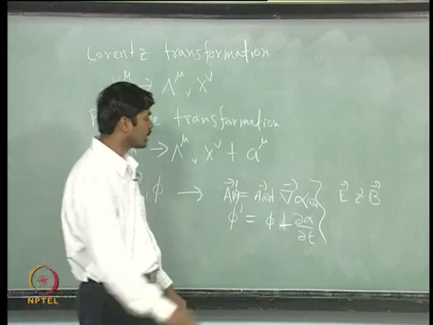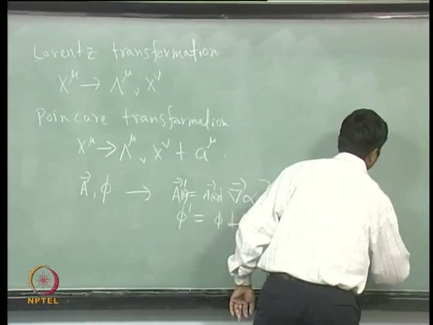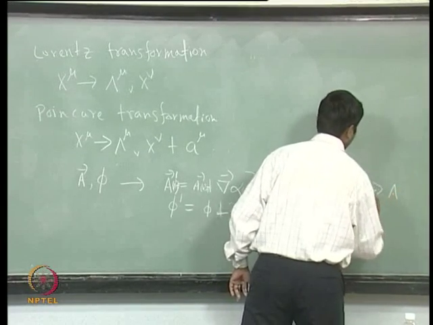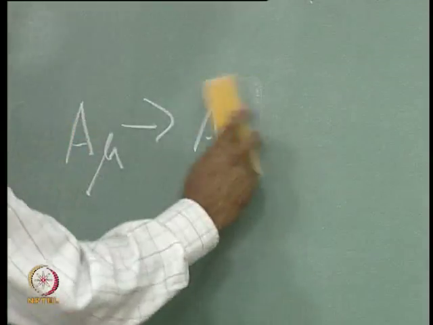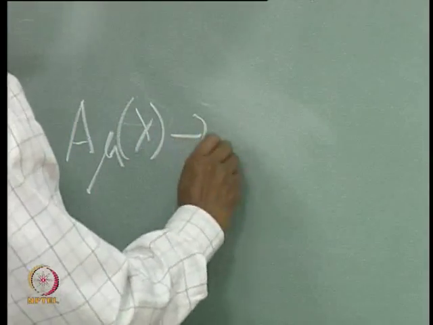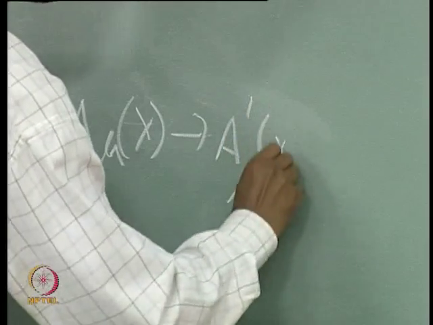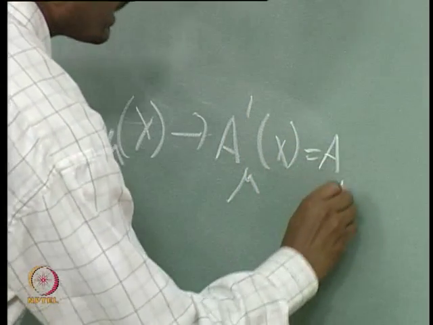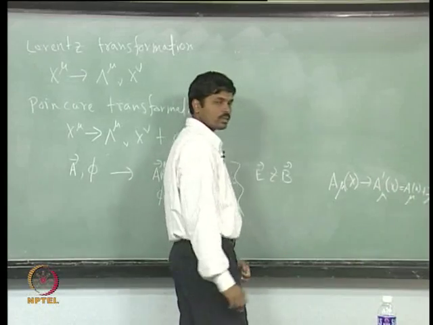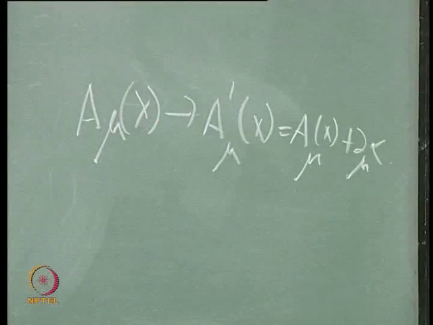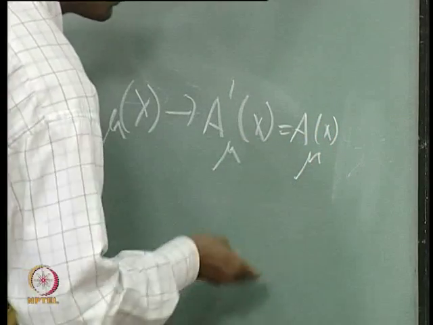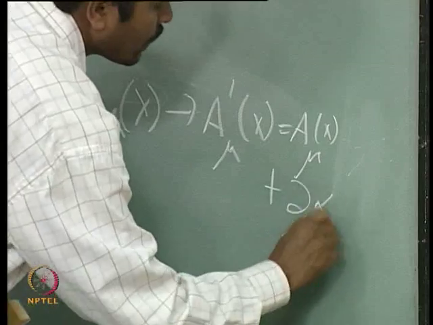In 4 vector notation, the 4 vector A mu under this transformation, strictly speaking A mu of x goes to A mu prime of x, which is A mu of x plus del mu alpha.